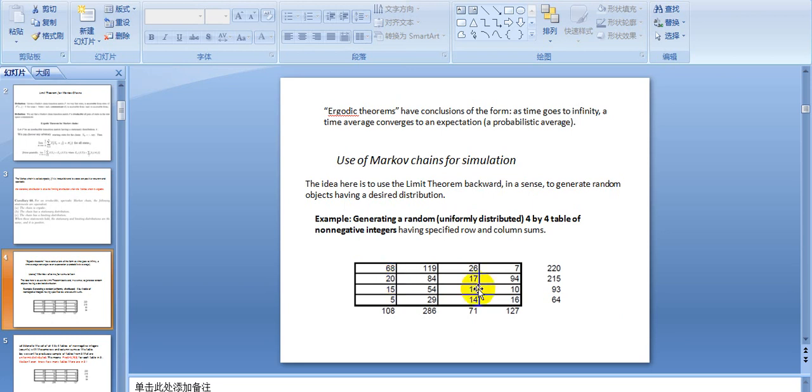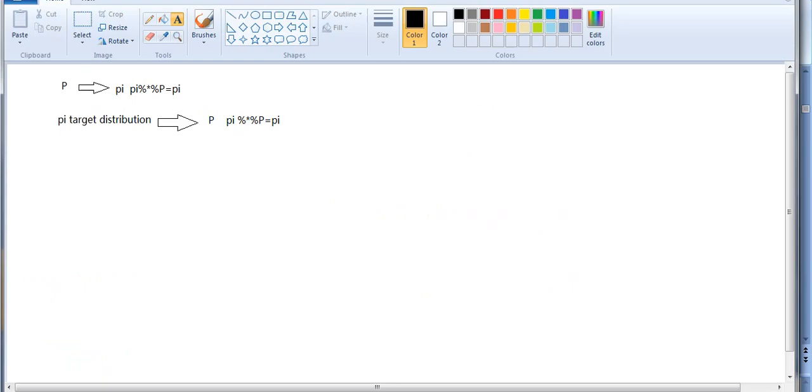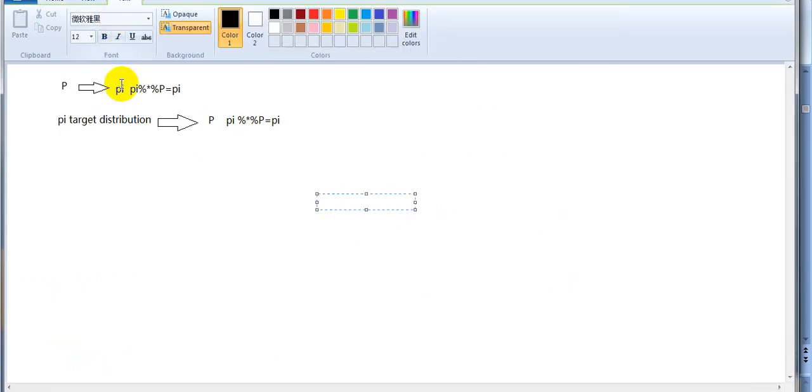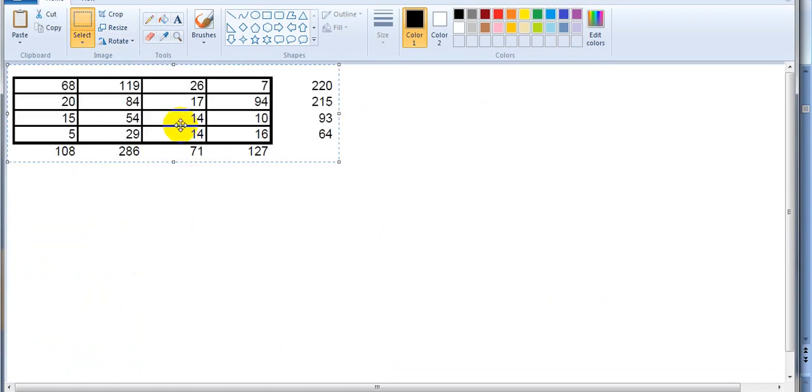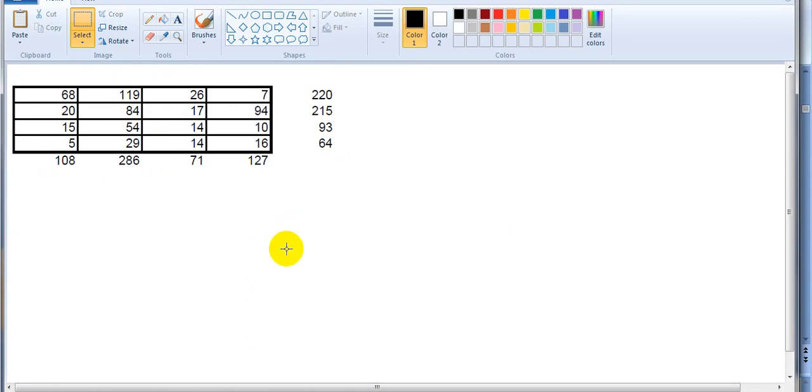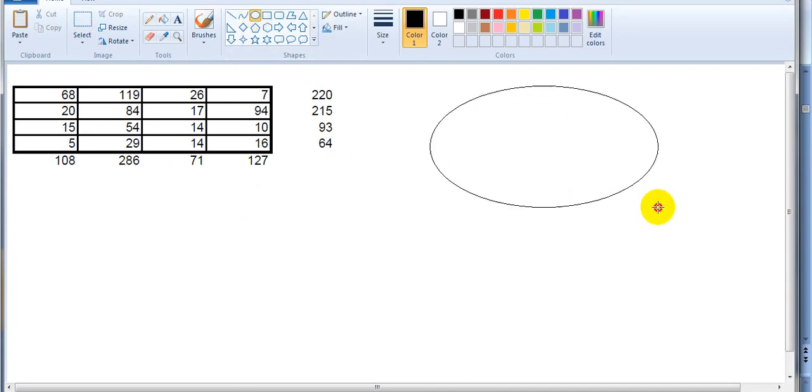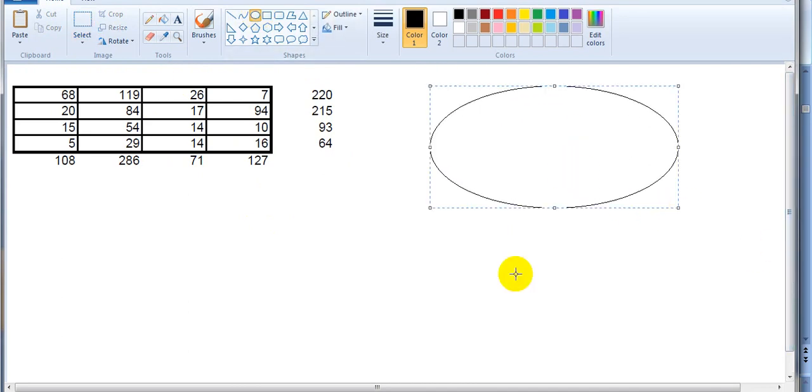You can count them. This is one example, but there are finitely many possible tables satisfying this condition, and we can think of this as a pool containing all the tables.